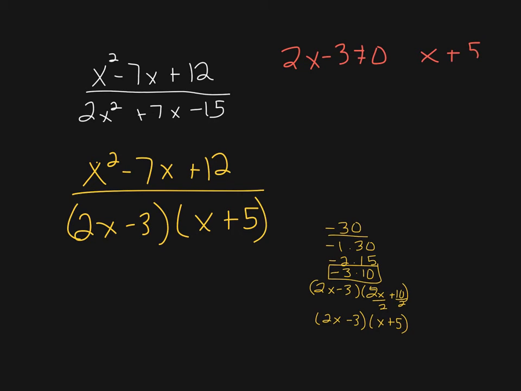X plus 5 cannot equal 0. And now let's solve. Here we add 3 to both sides. So 2x cannot equal 3. Divide by 2. Now that division turns into a fraction bar. So x cannot equal 3 halves.